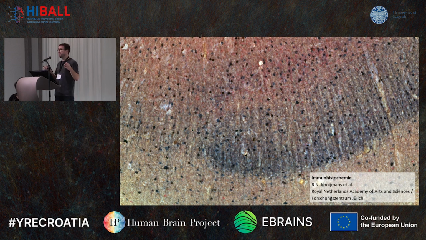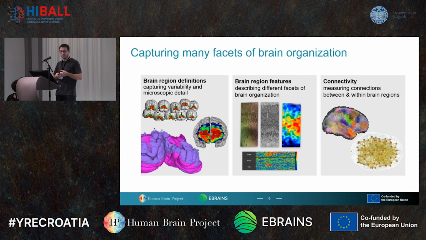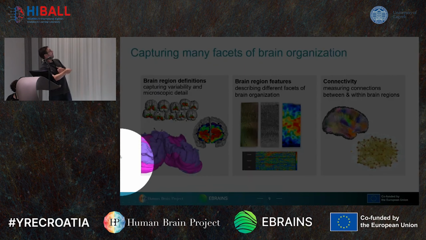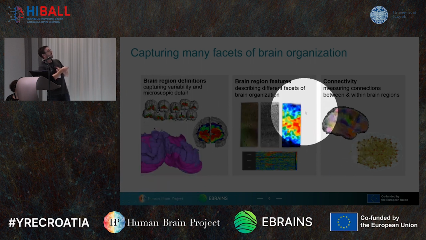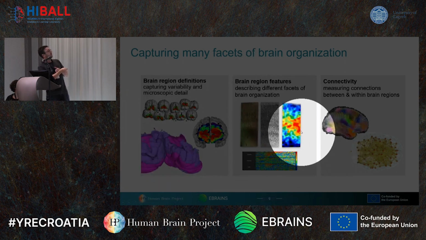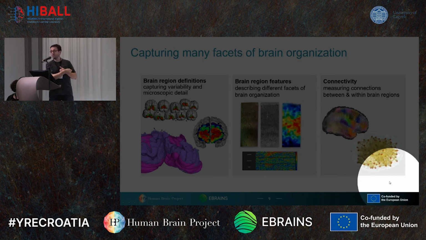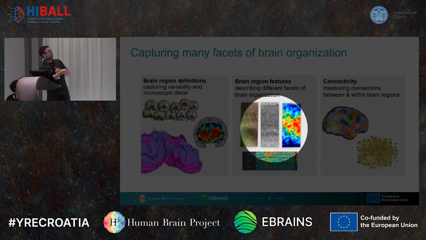And the idea is to link such information into the atlas in the form of multimodal descriptions of all the different brain regions. That's the idea. So we have on the one hand maps, probability maps and high resolution maps. We collect brain region features from different modalities that describe certain aspects of brain organization in those regions.